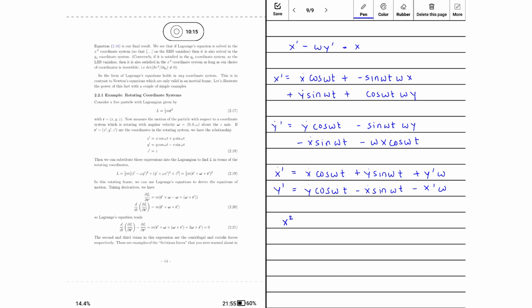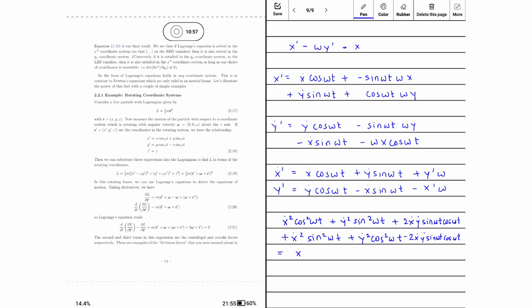So you will get x dot square cos square omega t plus y dot square sine square omega t plus 2 x dot y dot sine omega t cos omega t, plus x dot square sine square omega t plus y dot square cos square omega t minus 2 x dot y dot sine omega t cos omega t.